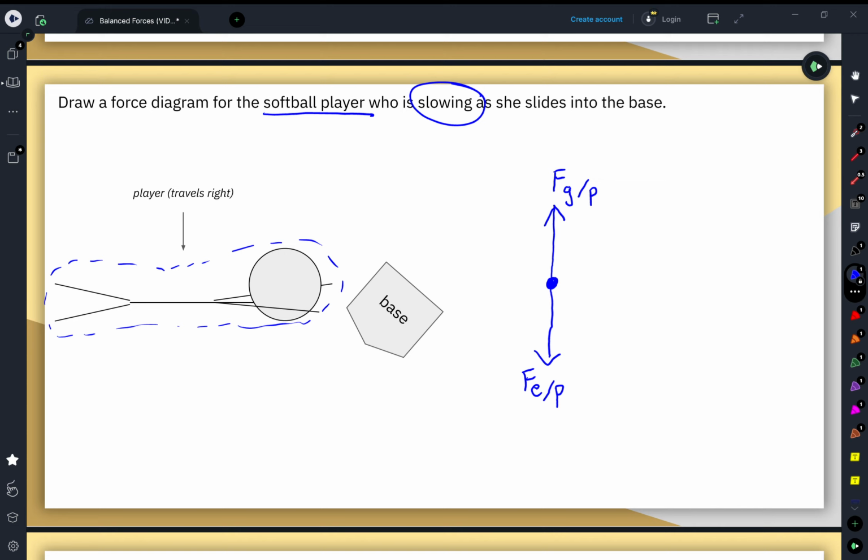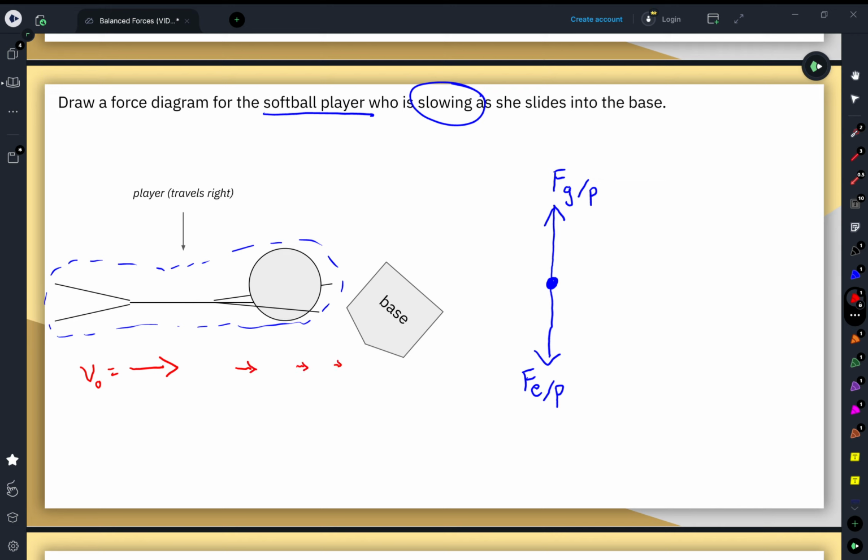Now, I am drawing these 2 forces the same size, because I see no change in motion, up or down. This softball player is not accelerating up, they're not accelerating down. So the vertical forces here will be balanced. However, she is moving to the right, she starts off with some velocity, and then as time goes on, her velocity is decreasing.